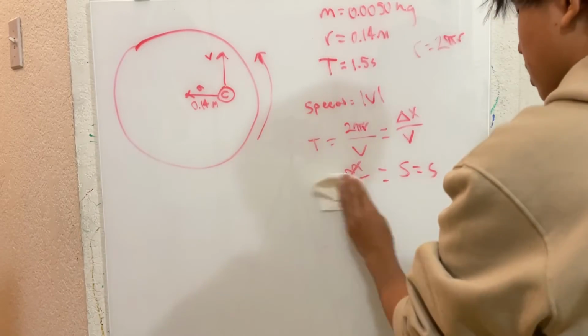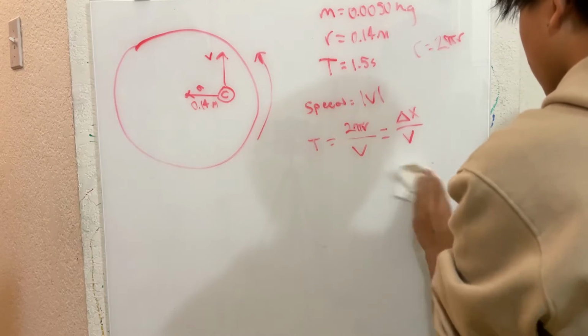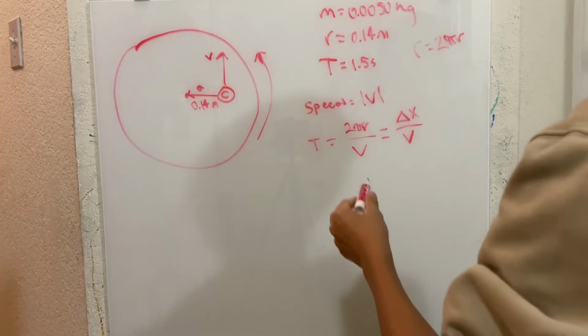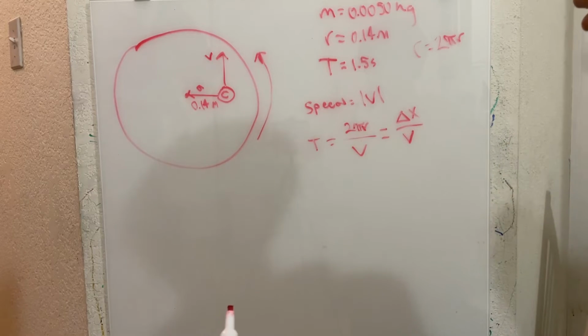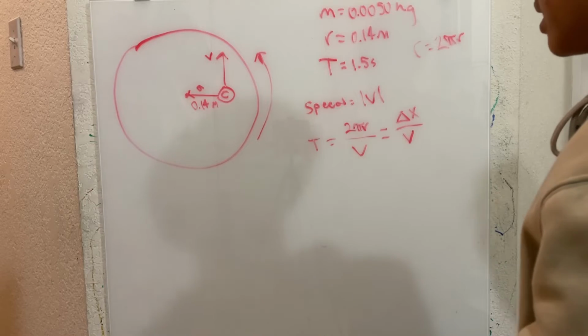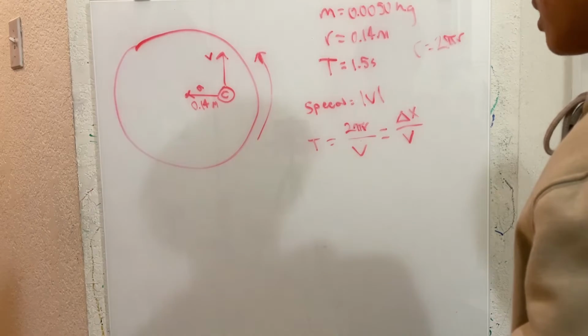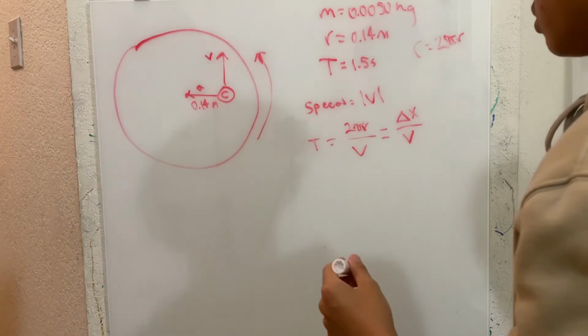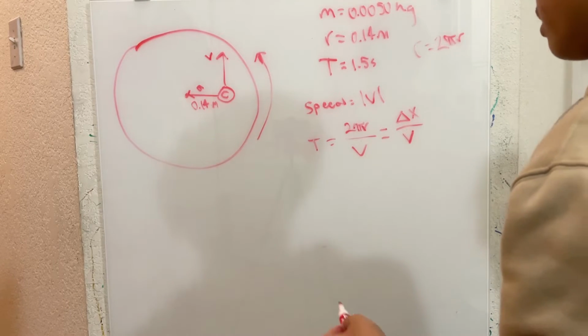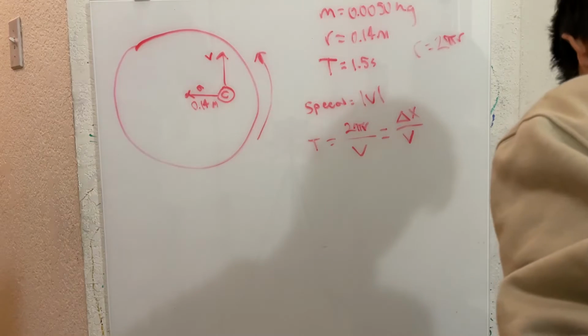But it also works because if we know how long it takes for the object to move a certain distance, and we know the distance, then we know how fast the object moved based on the distance and the amount of time it took, which is what we just saw there.